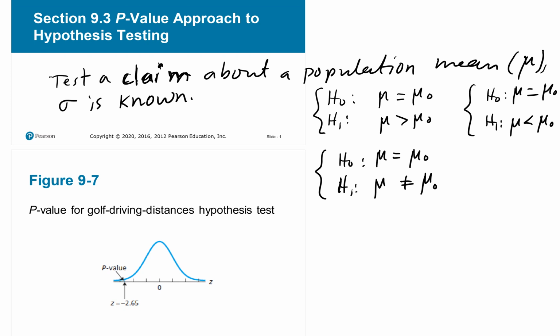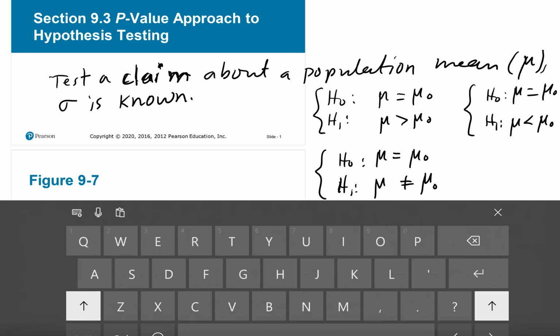And then after we do this, we solve for what I call z sub 0: x bar minus mu 0 over the standard deviation over the square root of n. So we get z sub 0 first, and this z sub 0 we call the test statistic.